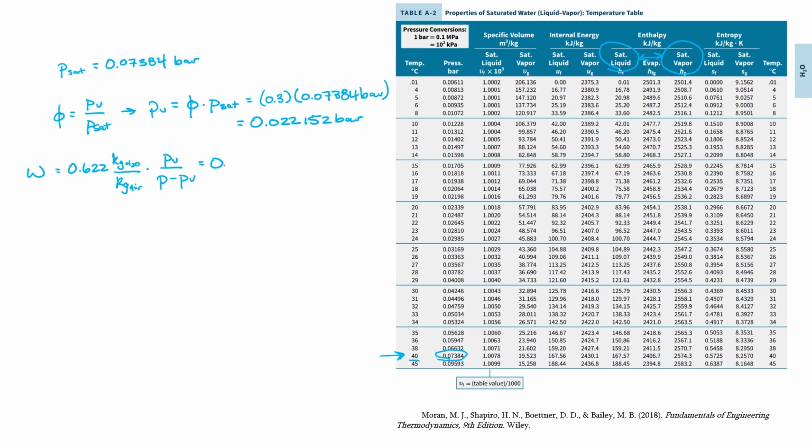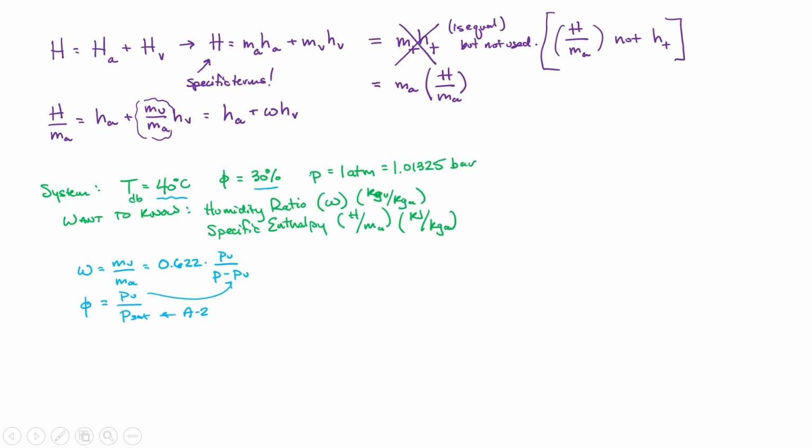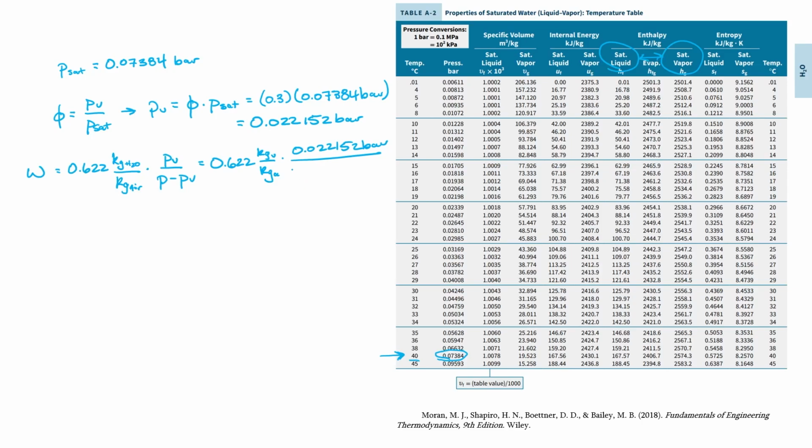So this is going to be 0.622. I'm just going to write kilograms vapor per kilograms air times my PV is 0.022152 bar. My overall pressure I was given, this is my measured pressure, 1.01325 bar.